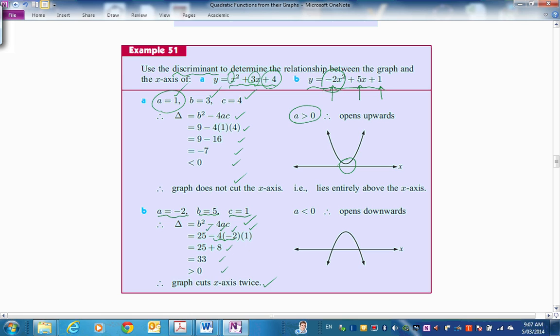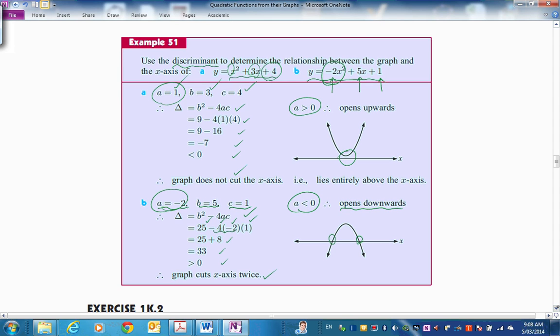Hang on, but a up here, negative 2. So a is less than 0, so it goes through here at 2 places, and we haven't done the whole formula, so we don't know what they are, but we know it opens downwards, so it looks something like that. We're taking a peek at the graph here using the discriminant. We've done this before.